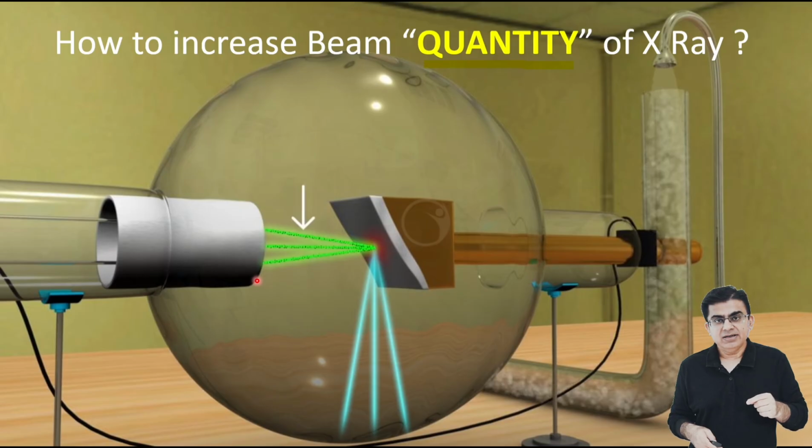This makes the filament hotter and boils off a much larger cloud of free electrons. More electrons hitting the target will directly produce a higher intensity of X-rays. This simple relationship between tube current and beam intensity is essential for your clinical practice.